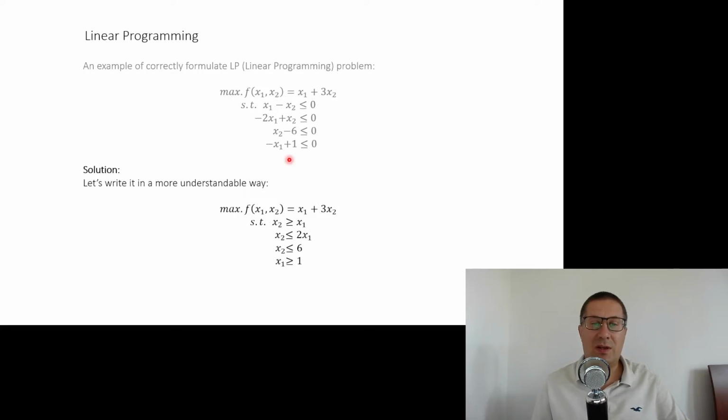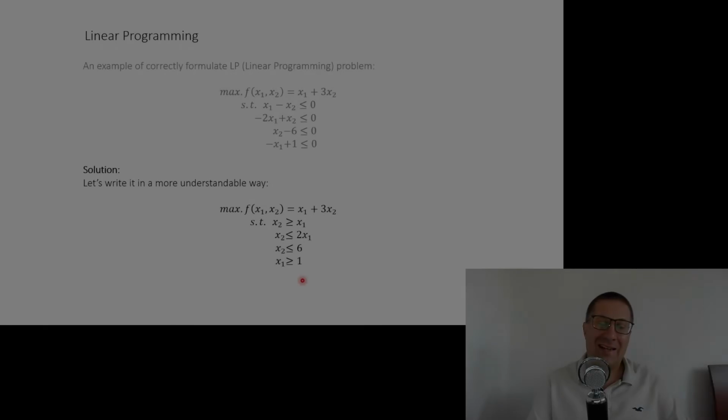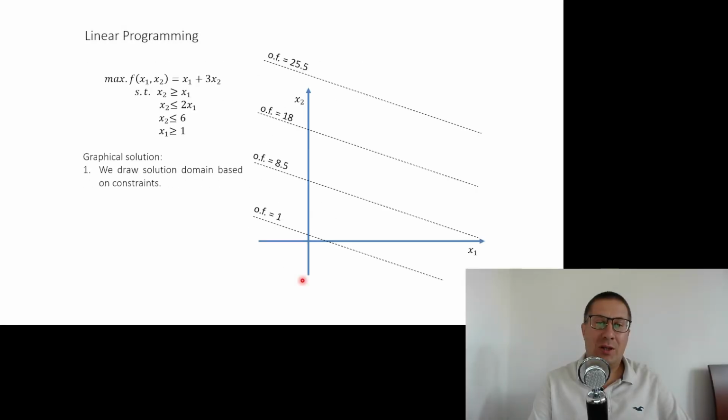So how to find a solution? Now let's try to draw the lines where the objective function has the same value. Because this is the objective function, and this is the equation of a plane. So here we can see this plane.